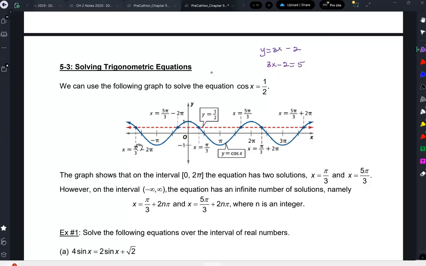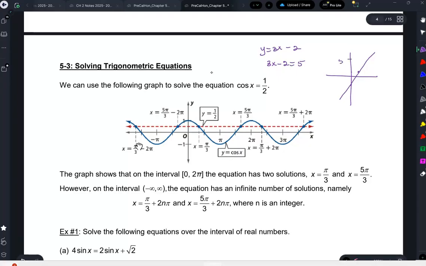For what x value is it equal to 5? What you can do is graph 3x minus 2, and it looks like this. Then you can see for what value of x this equals 5, and that value of x is your solution.